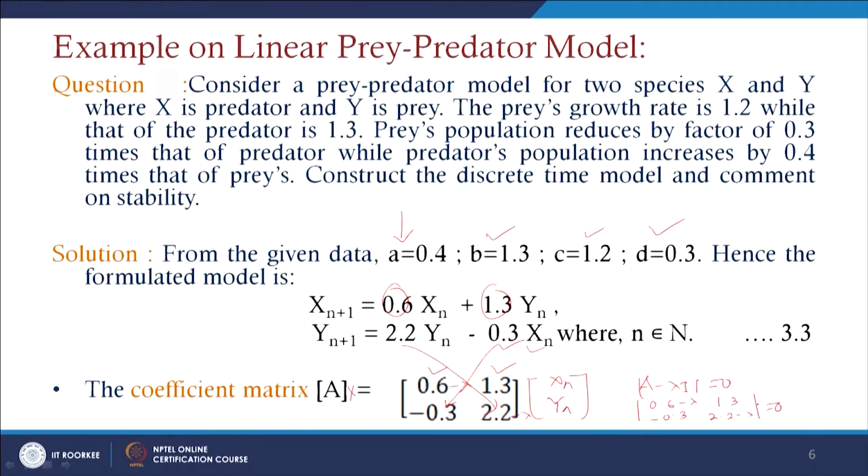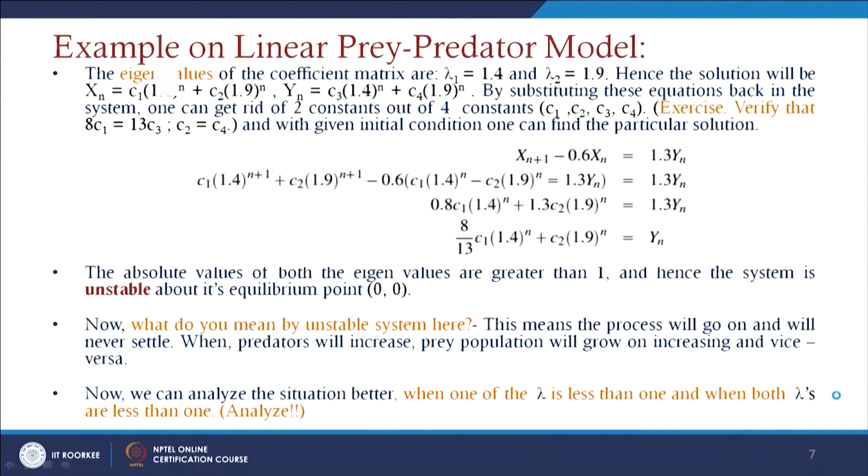If you do this multiplication, we get (0.6 minus lambda) into (2.2 minus lambda), minus of minus, this will give you plus 0.3 into 1.3, equals 0 here, and we will have a quadratic equation. And if you find the roots, lambda 1 equals 1.4 and lambda 2 equals 1.9.